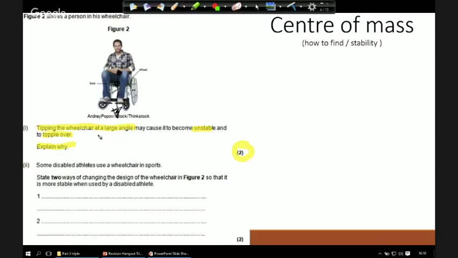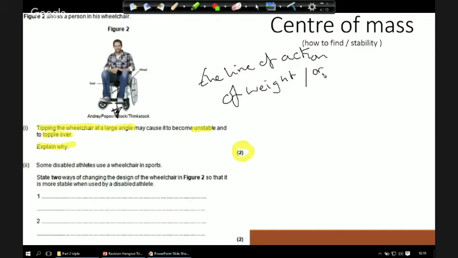So to explain why tipping it at a large angle will cause it to become unstable, we want that the line of action of the weight or the centre of mass, I'll just shorten that to COM, lies outside the base.